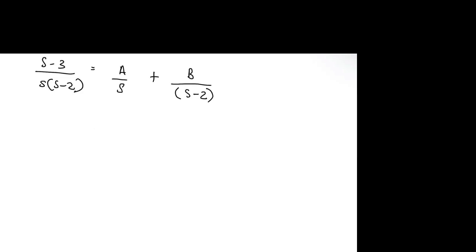So this fraction equals 3 over 2 over s minus 1 over 2 over s minus 2. So now this is equal to F(s). So you have broken down F(s) from this fraction into simple fractions. If you add up these fractions, you will get back to this fraction. So now this is the fraction that you have already made simple.